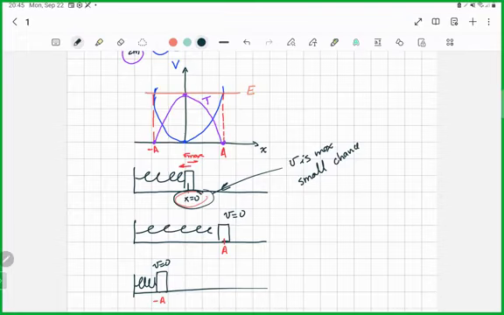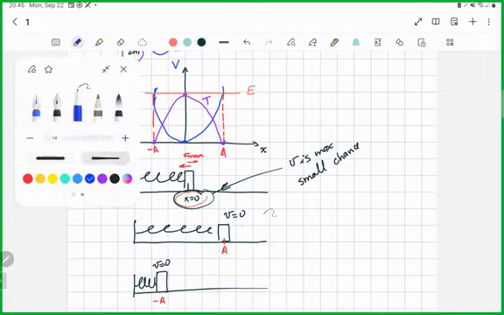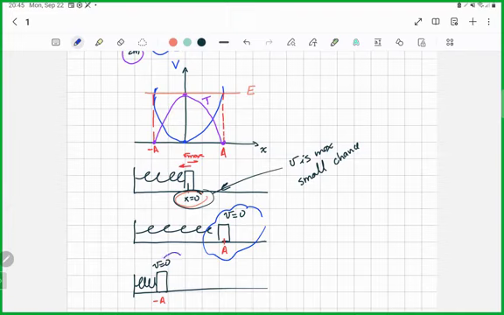And where do we have a higher chance? Closer to the edges, no? When it's very close to the positive or the negative extremes here, because it's reaching this point very slowly. So at these extremes, there is a large probability to find this particle.